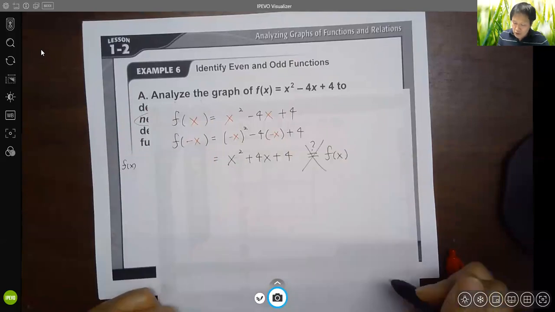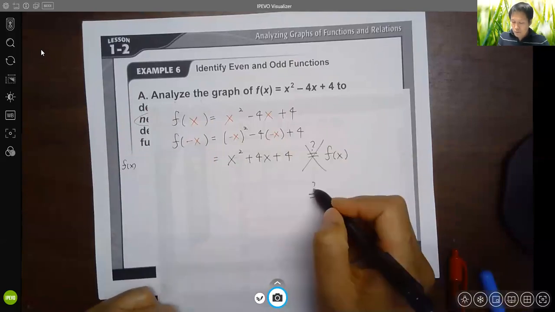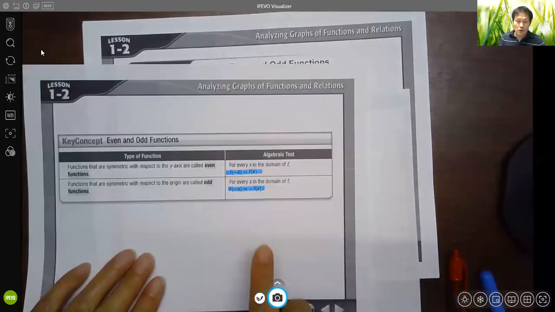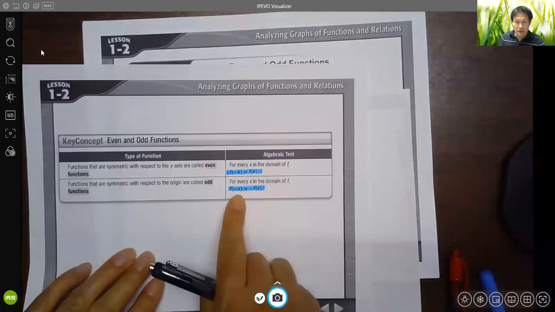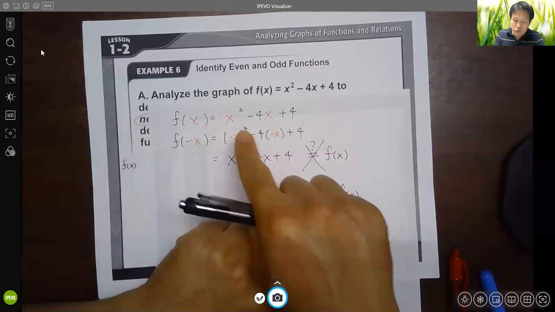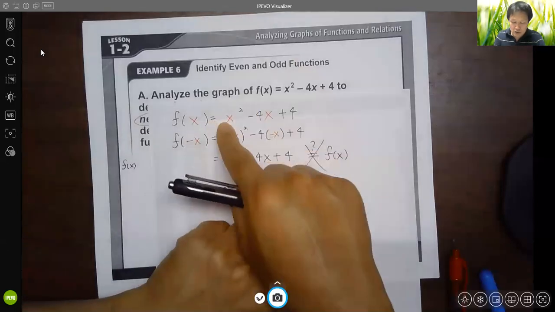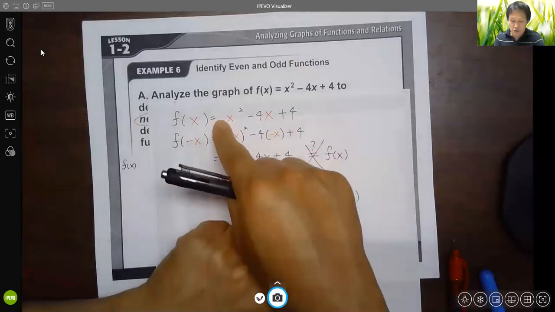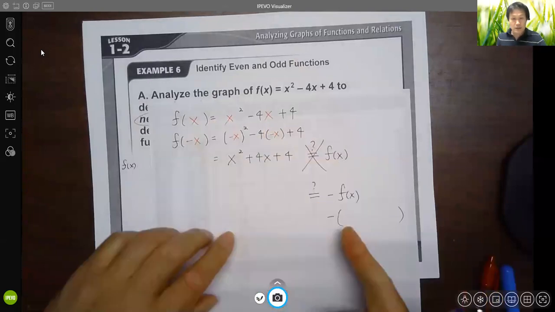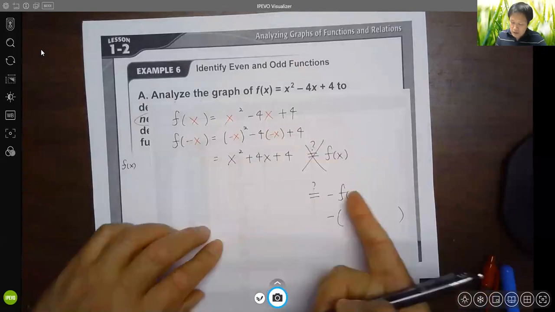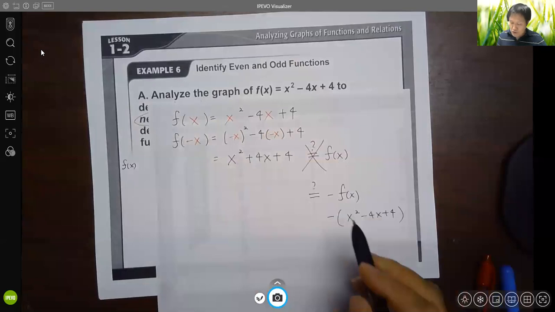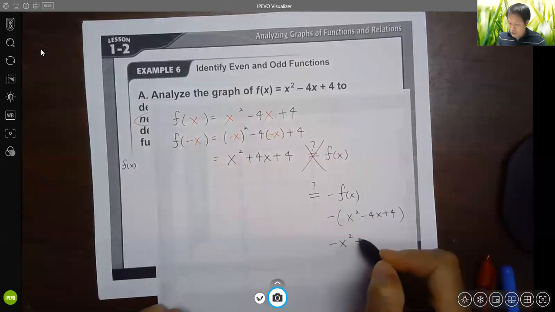I'm also checking, is that equal to minus f of x? If f of minus x equals minus f of x, it means you're doing a minus on the original. So change sign. This changes to minus, this changes to positive, this changes to plus. So minus f of x, where f of x is x squared minus 4x plus 4. When you distribute, it will be minus x squared plus 4x minus 4.